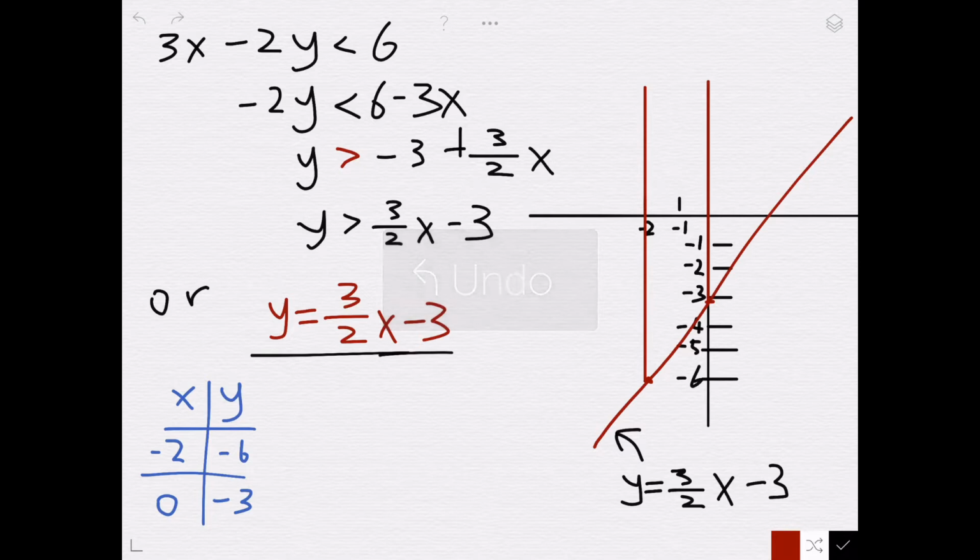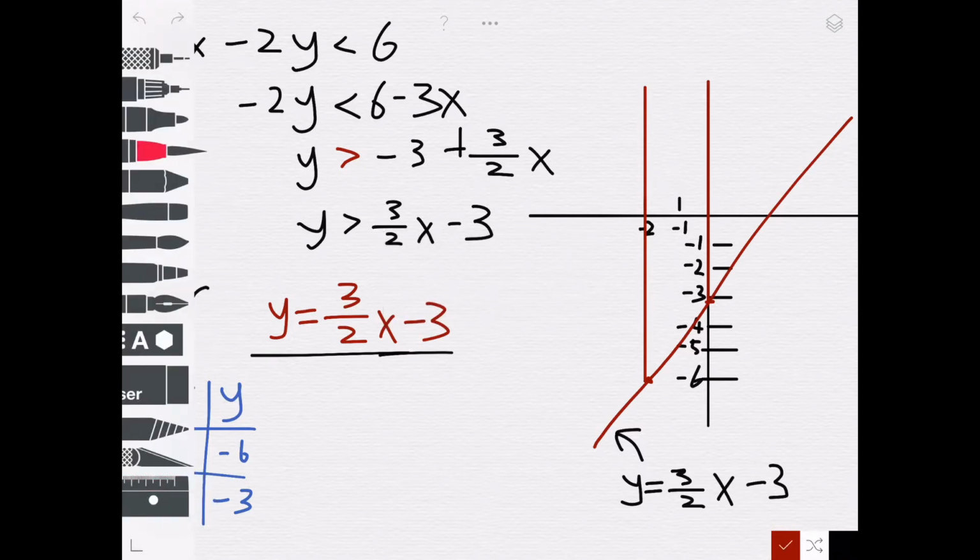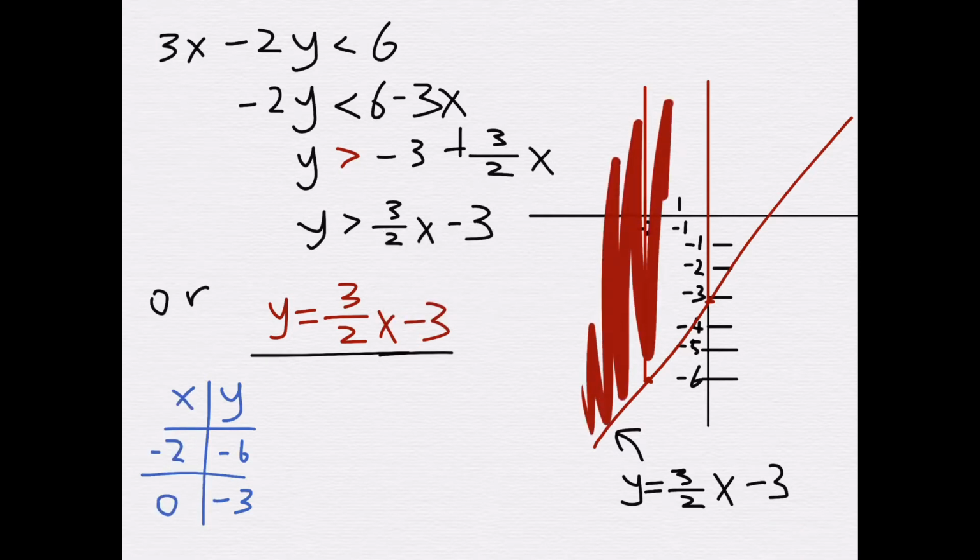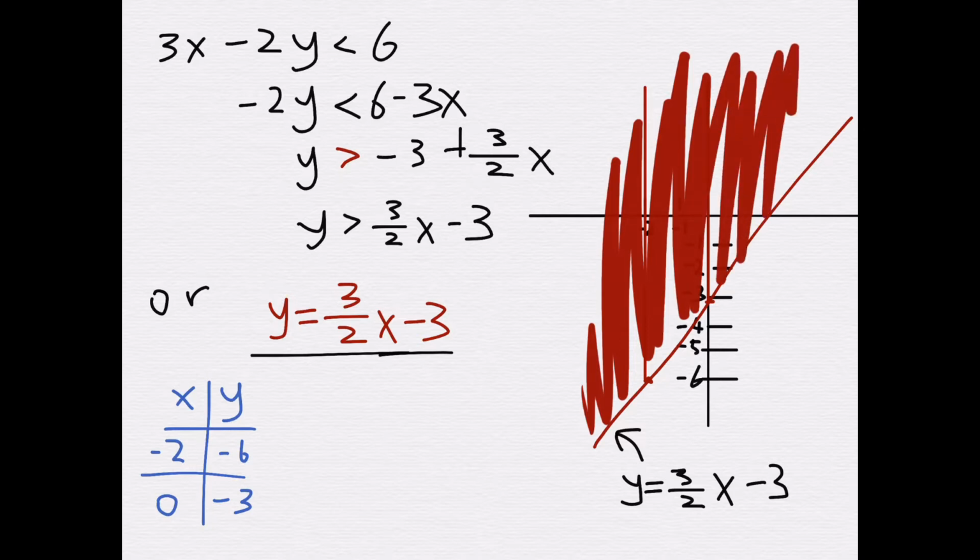So let me shade this area. We know that y is bigger than the equation, so -6 and -3 are not on the line, and neither are the other points on the line.